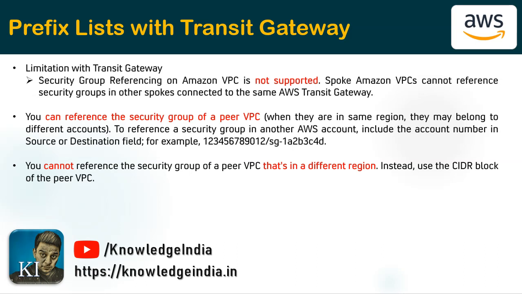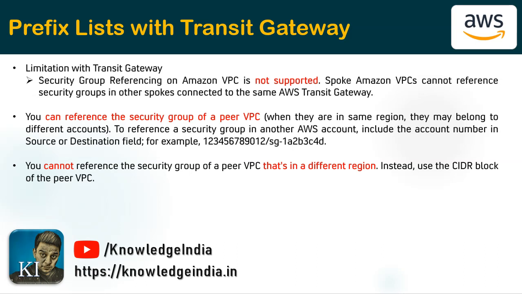It is even possible that two VPCs may belong to different accounts, in which case you can just put account number/security group ID and you can reference the security group. But when you peer two VPCs via transit gateway, then it is not possible to refer to the security groups.